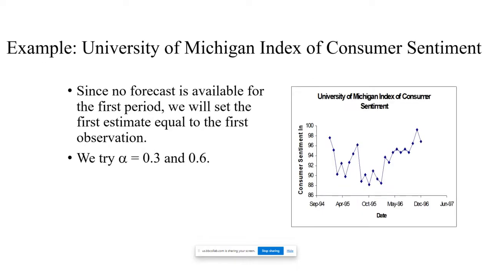There is no forecast available for the first period, so we'll keep it simple and use the first observation as the first period's forecast. A couple of different alphas that we will try are alpha equal to 0.3 and 0.6. Why we made that choice? Totally arbitrary. In reality, you should probably try many more alphas than just 2.